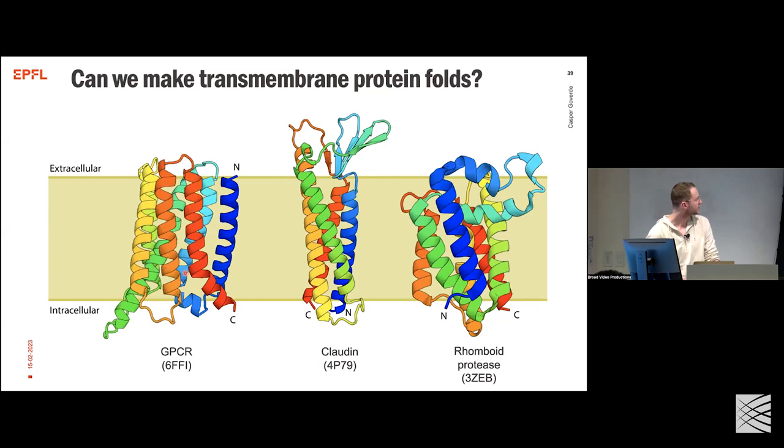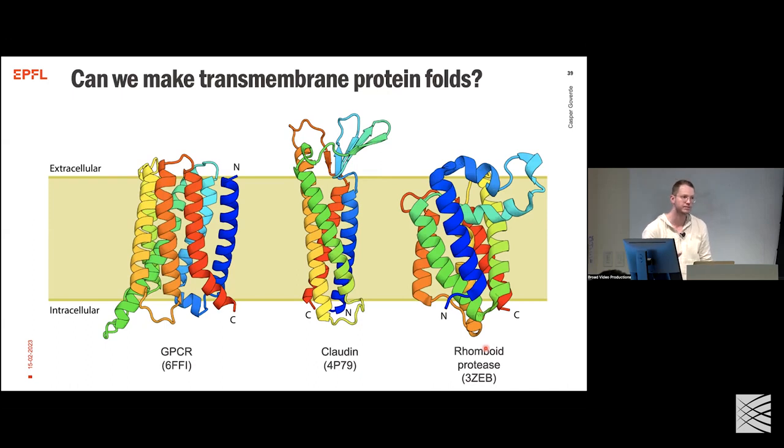So what else can we do with this pipeline? One idea that we had is we can take transmembrane proteins and try to make them soluble. For example, transmembrane proteins like GPCRs, claudins, and rhomboid proteases, these protein folds only occur in the membrane, which raises interesting questions.